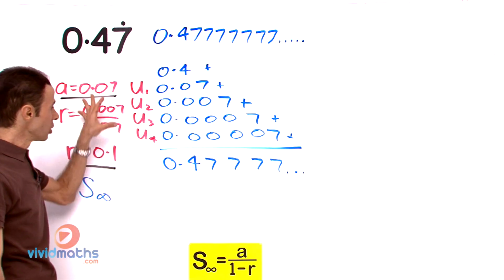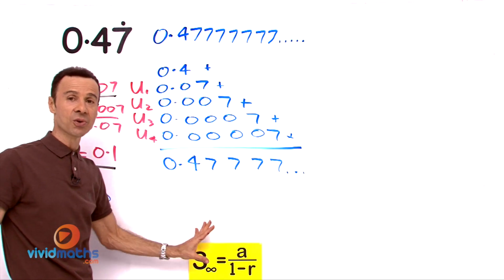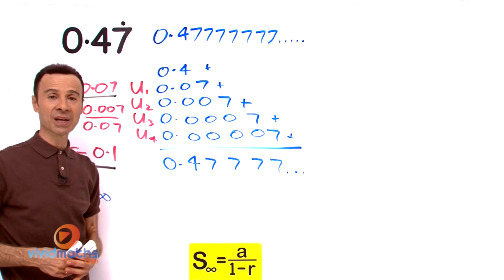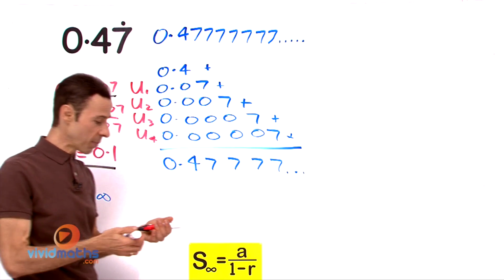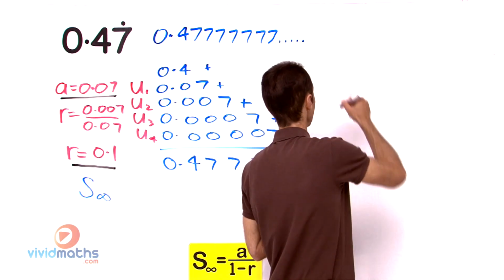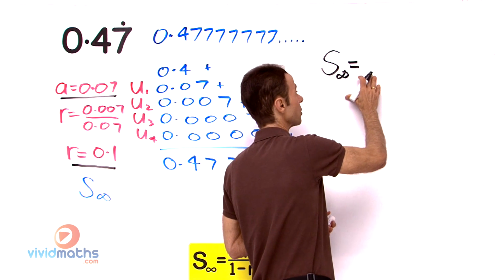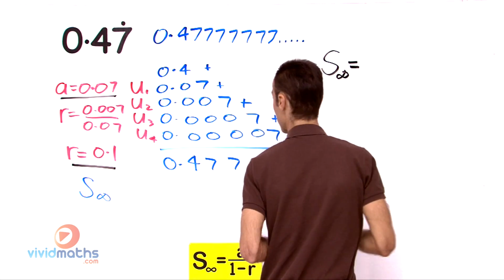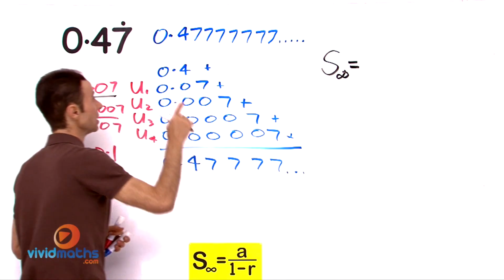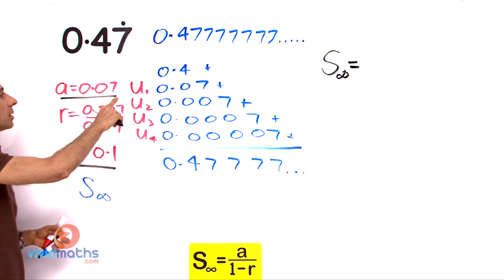So let me go ahead and drag and drop these values into this so we can come up with that series. So let me just write it up over here. We have sum to infinity, and that equals, okay, let's put up the first term. The first term is 0.07.